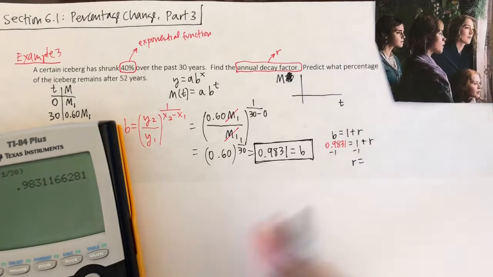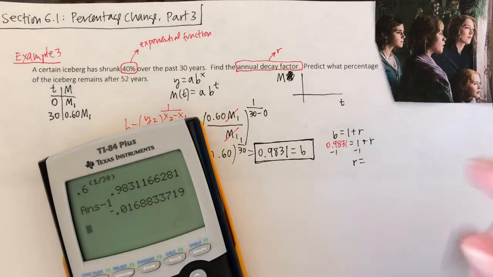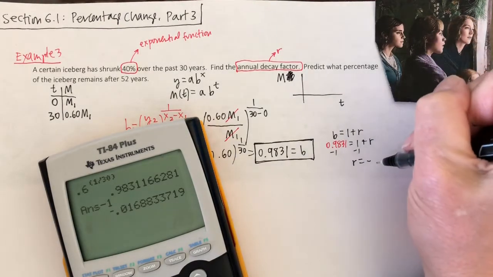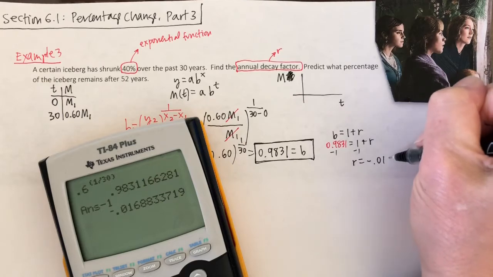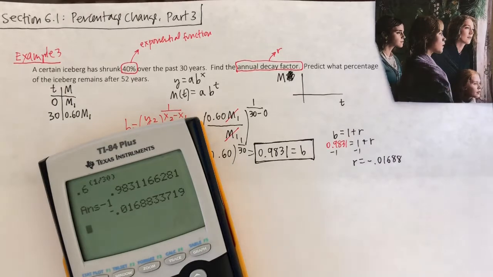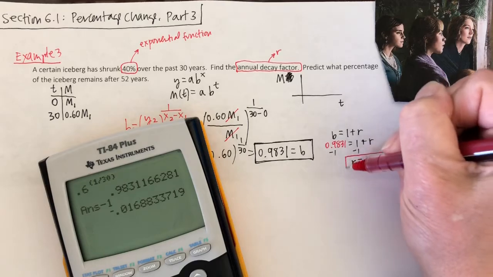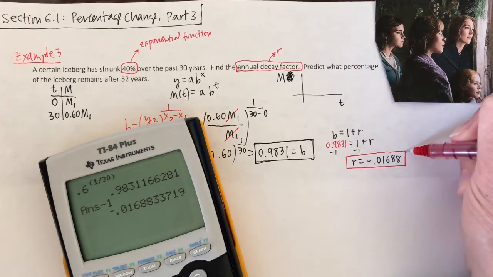So R equals negative 0.0169. This is the annual decay factor.